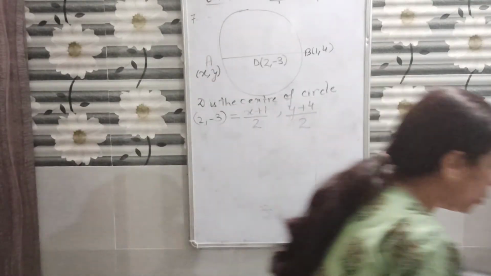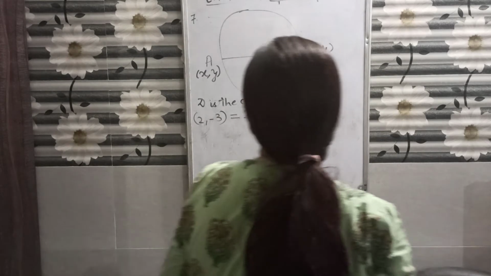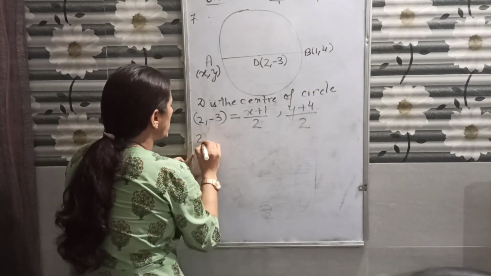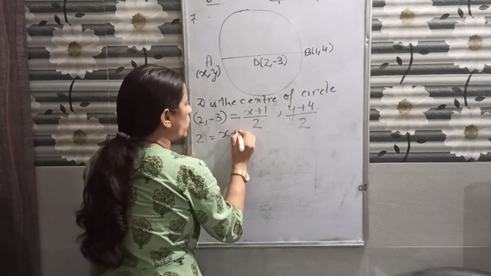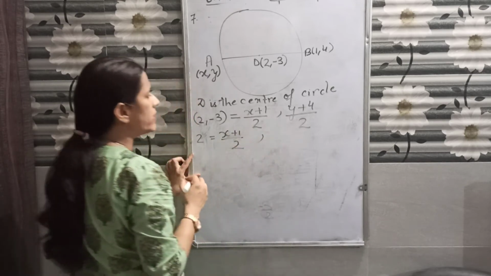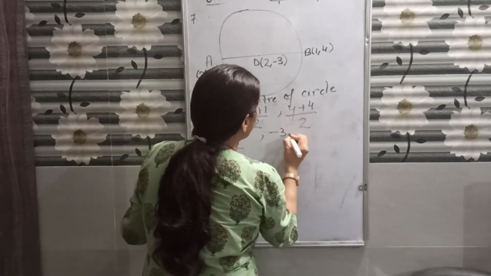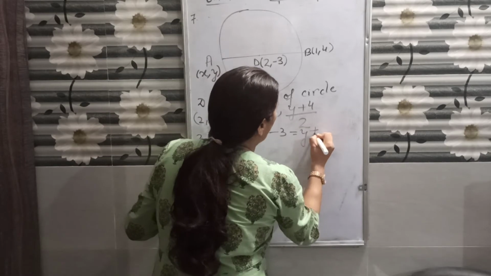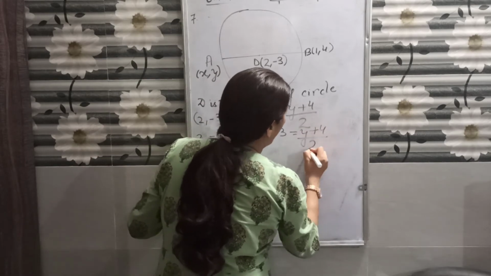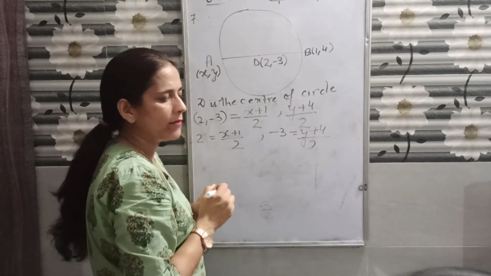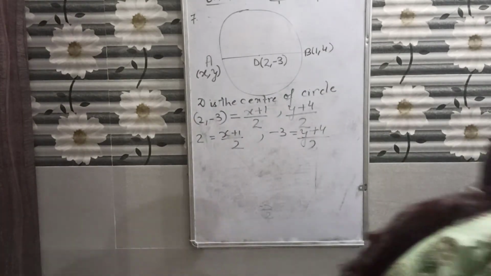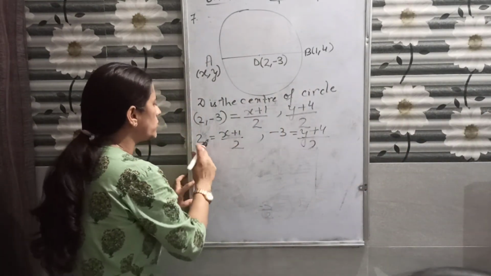Fine. So 2 is equal to x plus 1 by 2, and minus 3 is equal to y plus 4 by 2.